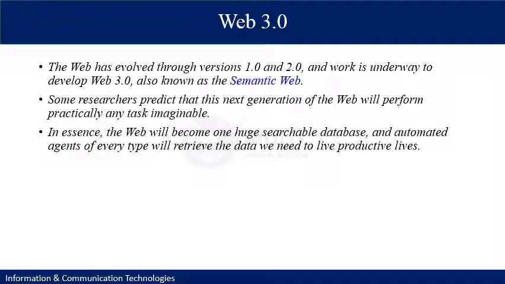So Web 3.0 will first provide that information and then search your calendar, checking to see if your schedule allows time for the doctor's appointment before picking up your brother at the airport.